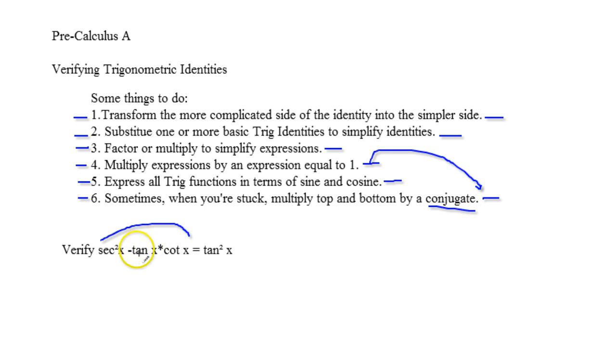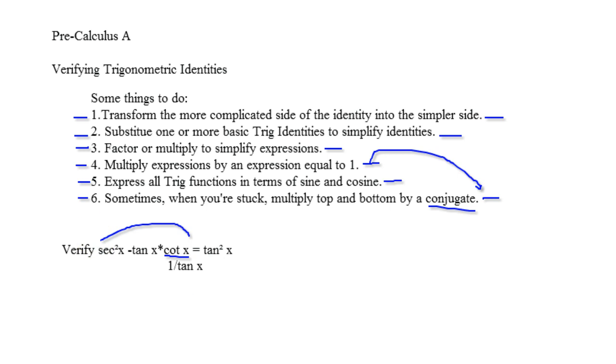Now right here, I'm looking at tangent x times cotangent of x, and I'm wondering if that's something. Okay, I'm going to change this into its version of, let me see, what is that? That is 1 over tangent of x.